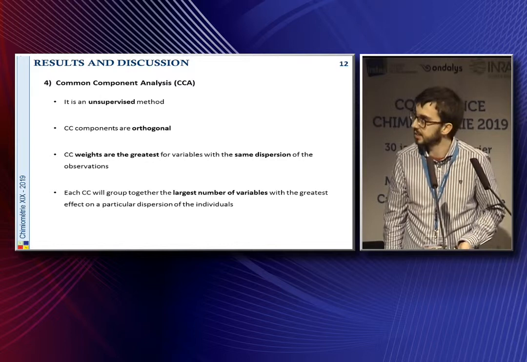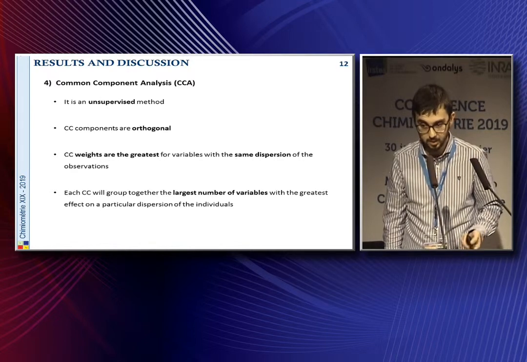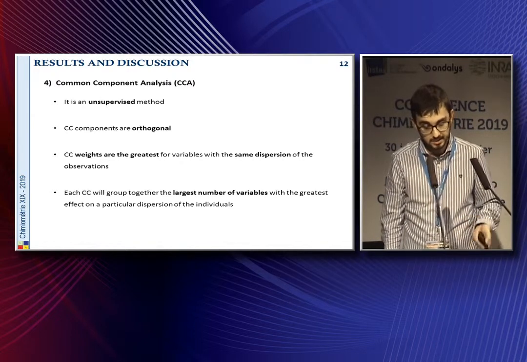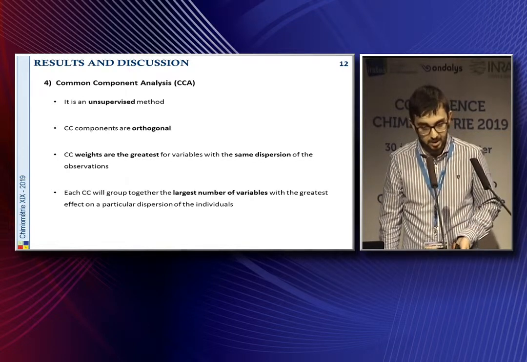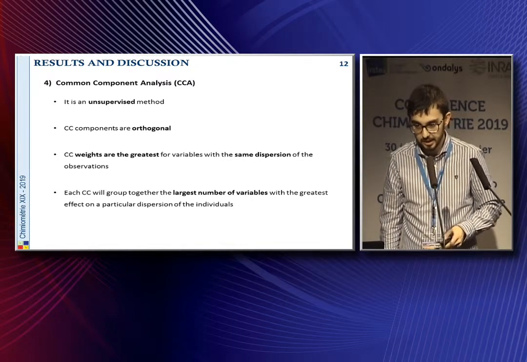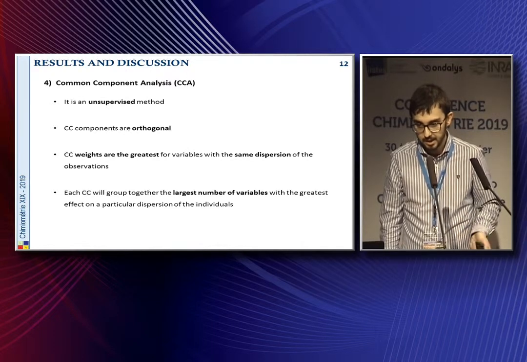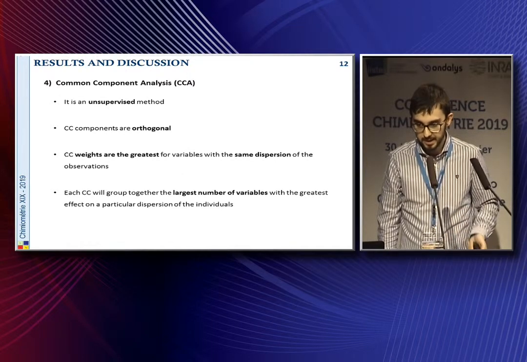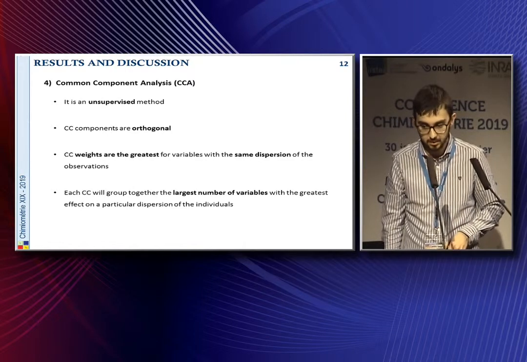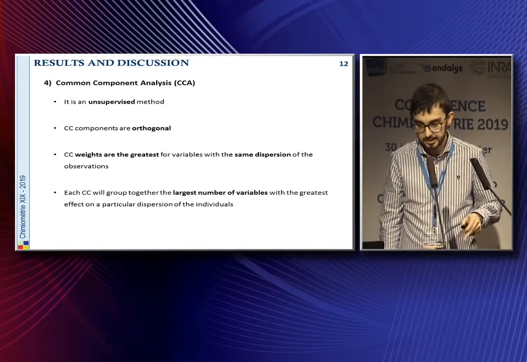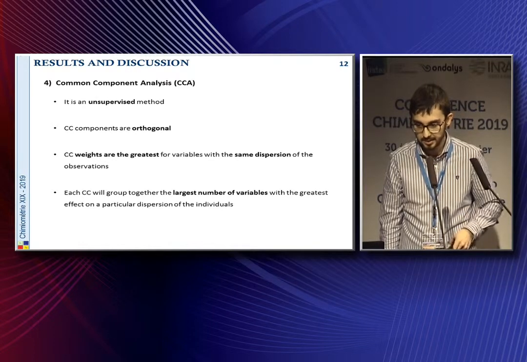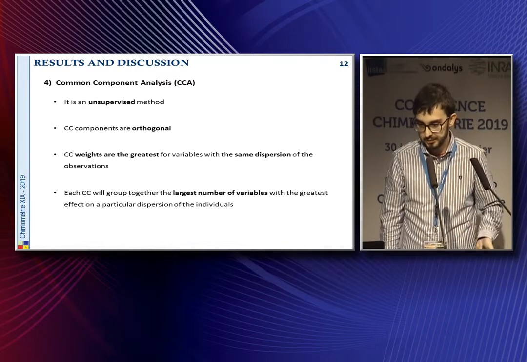Then I will just give you a reminder of what common component analysis, or CCA, is. CCA is an unsupervised method in which the components that are resolved are orthogonal, and in these components, the variables that have the same dispersion of the observations are grouped together. At every resolved common component, it will group together the largest number of variables with the greatest effect on a particular dispersion of the individuals.